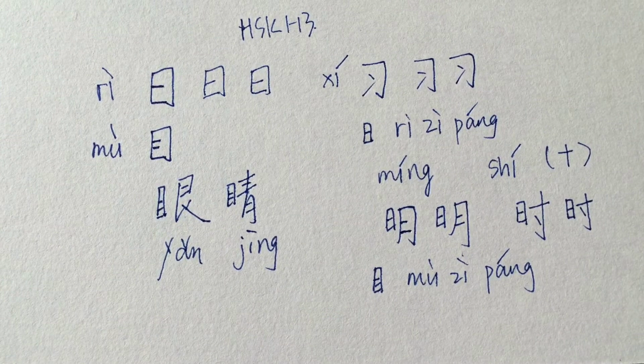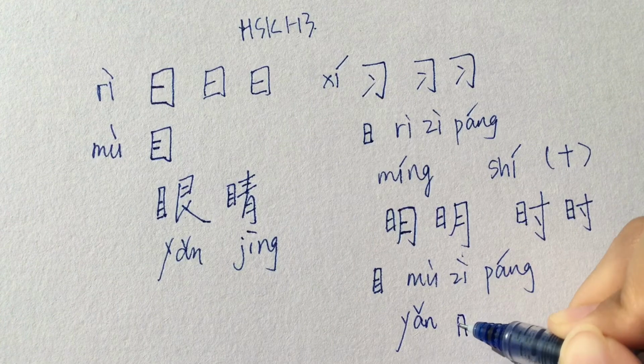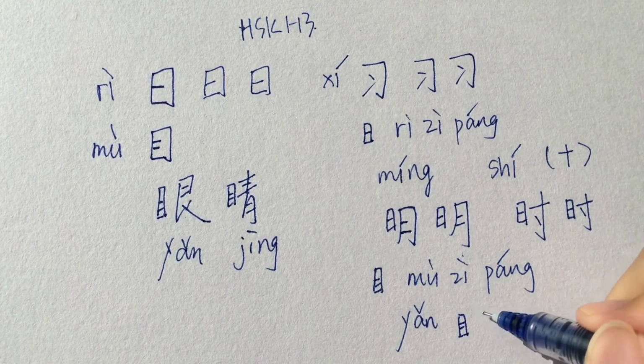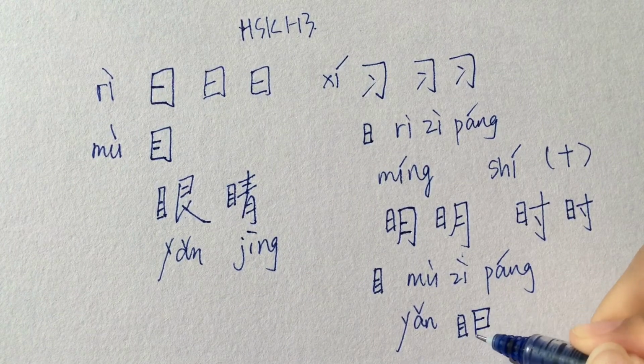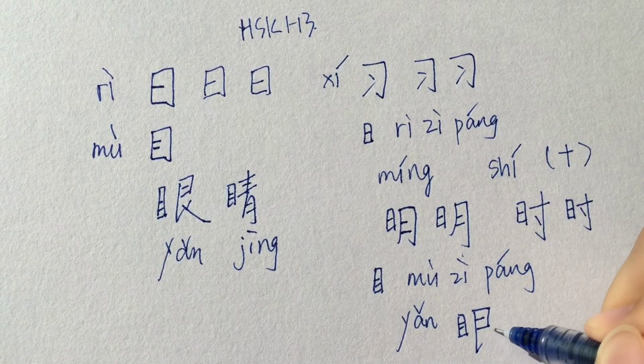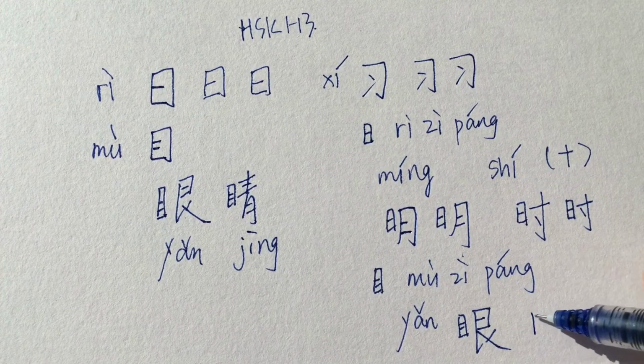Okay, here. So 眼. A radical here, and then the 横折, 横, 竖提, 撇, 捺. Oh, I said everything in Chinese, the name of each stroke, yeah?